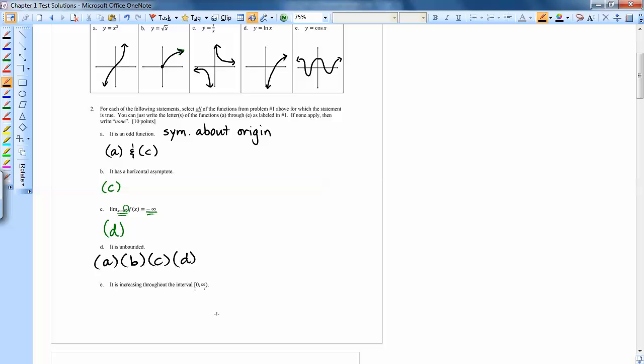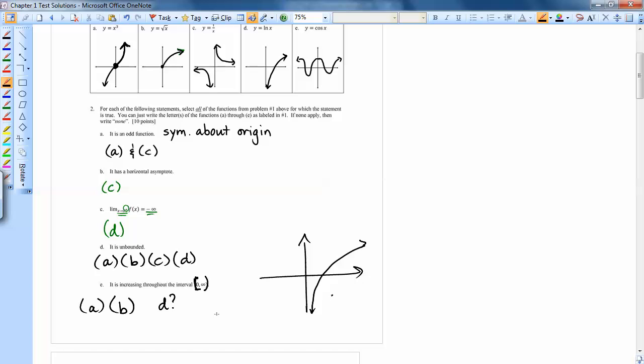Then this last one, increasing throughout the interval 0, which is included, so it's got a bracket, to infinity. So A is definitely always increasing, and it's definitely increasing from 0 up to infinity. B is also doing the same thing. And then a lot of people were wondering about D. But D, if you look at it, is always increasing, but it never actually starts at 0, right?